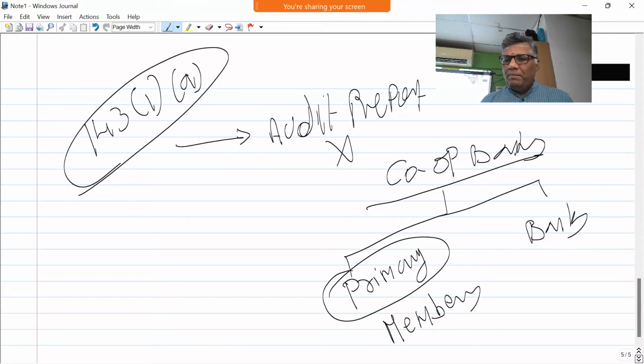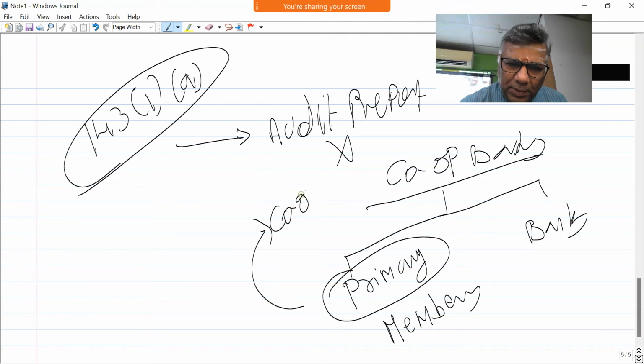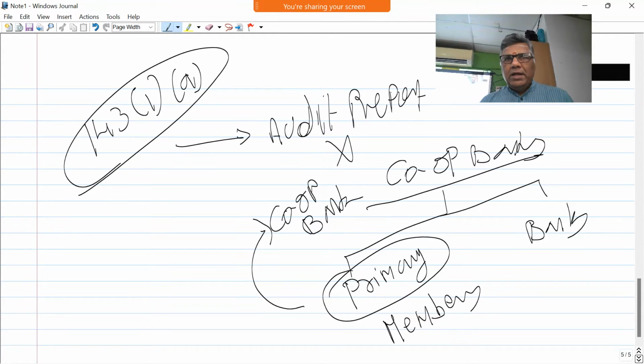Now, a primary cooperative society wants to become a cooperative bank. A primary cooperative society wants to convert itself into a cooperative bank. How are the provisions going to apply?